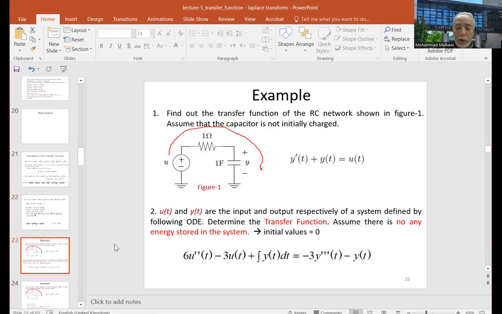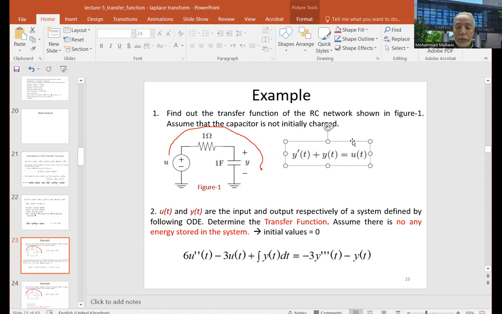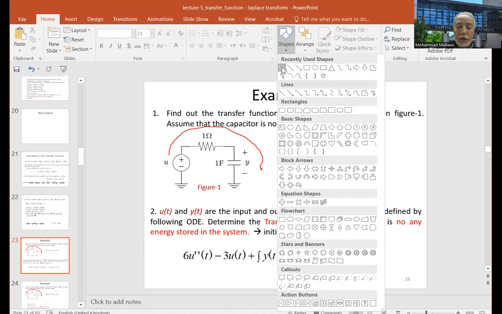So going back to our function, we will write this function y dot of t plus y of t equal u of t. So if I do the transfer function for this one, which is an easy thing to do, I will just take this.